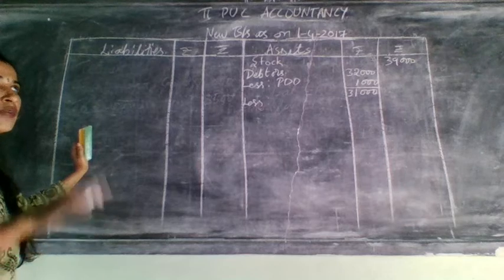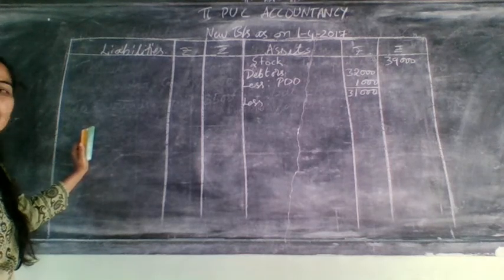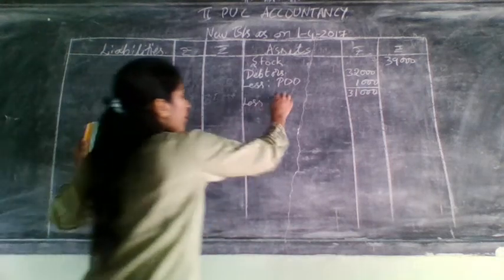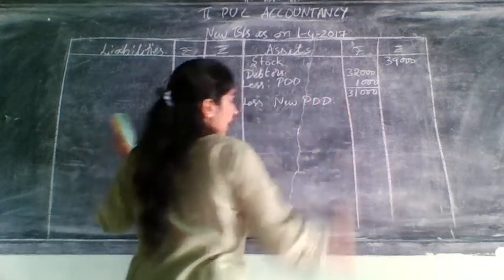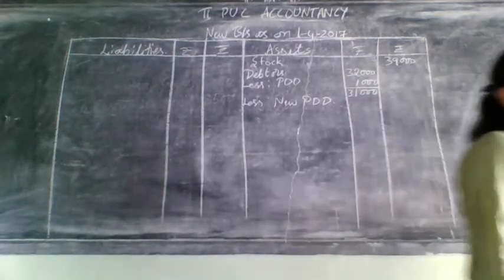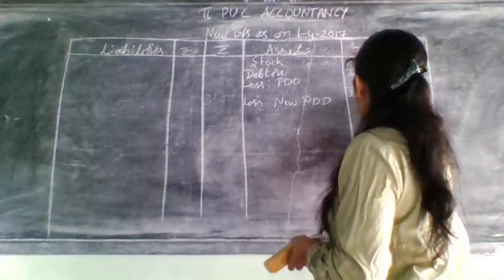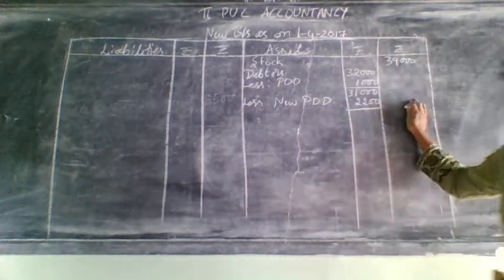Doubtful debt means it may or may not come in future, so again you need to do new PDD minus. Whatever amount you have taken on the revaluation account, that is 2,200, minus that 2,200 from debtors and write it in the outer column.